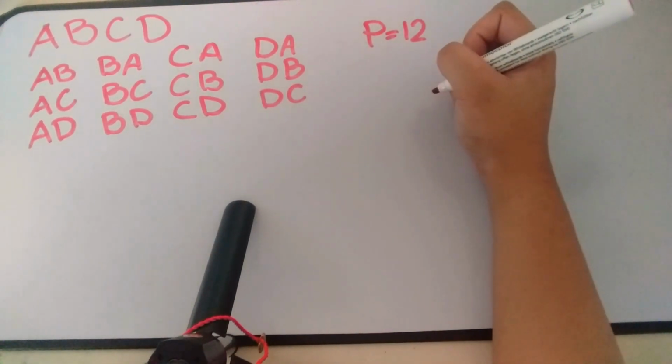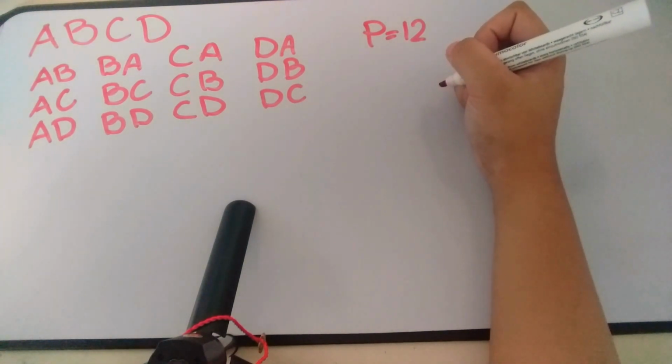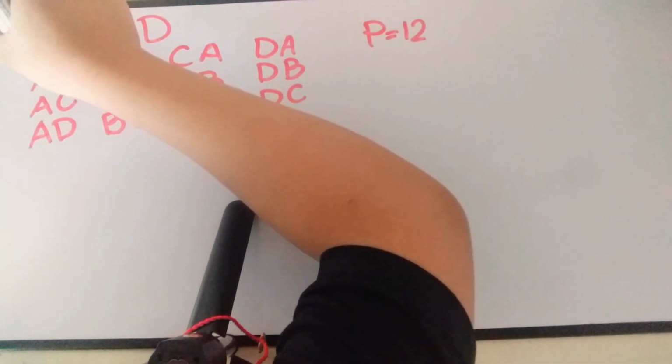Now what about the combination? If you recall, for the combination, the order doesn't matter. So take a look at AB and BA.